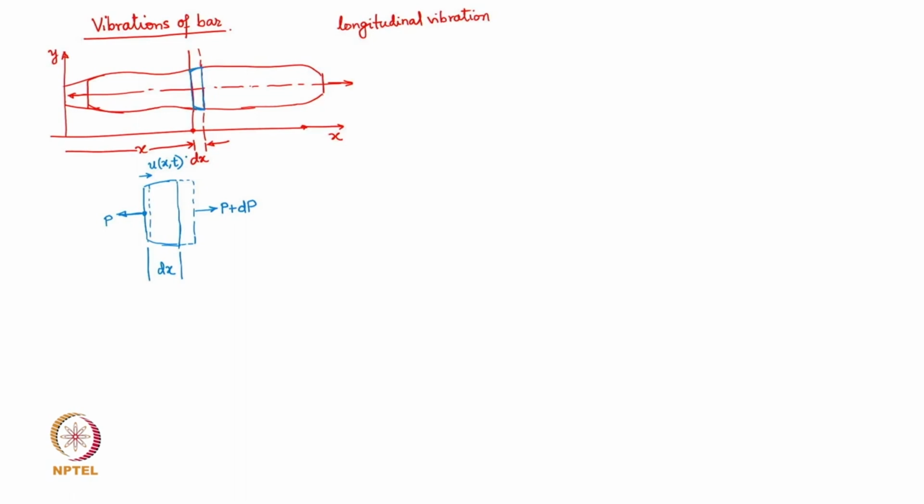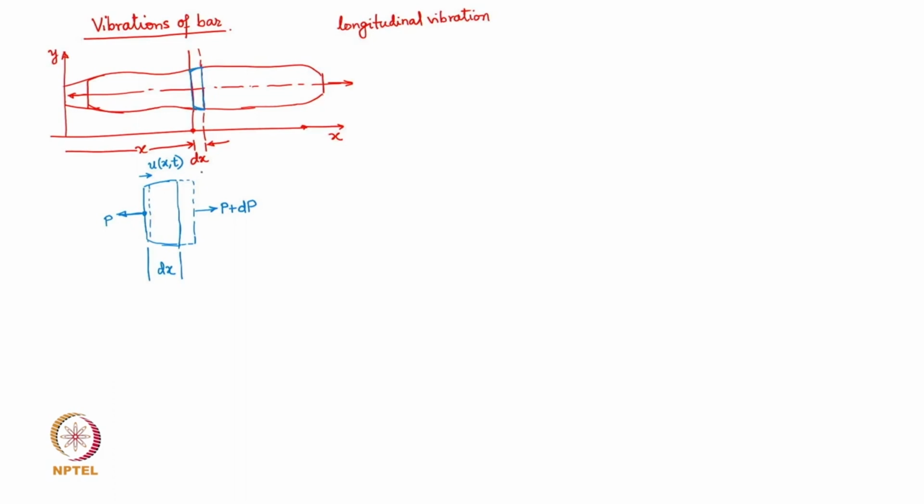Now, the way we did it for the string case, here as well we will try to get the governing equation of motion by looking at the dynamic equilibrium of this particular elemental small element of that bar. What will be the net force which is going to act in the direction of the acceleration?